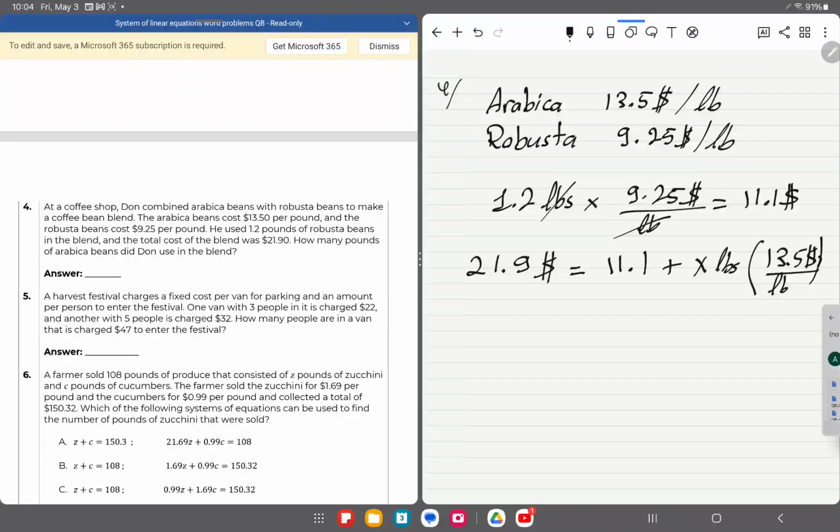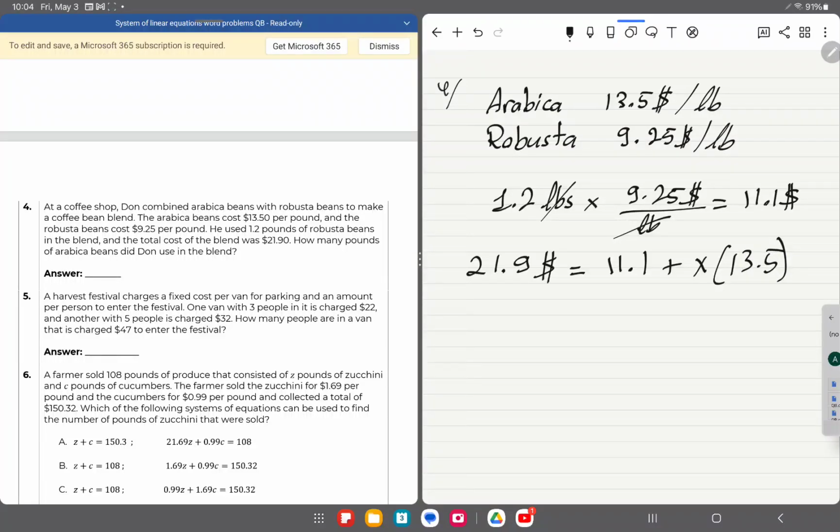Maybe I used the units wrong, since I'm checking how many dollars. You don't really have to think about the units here. X is how many pounds, times 13.5.